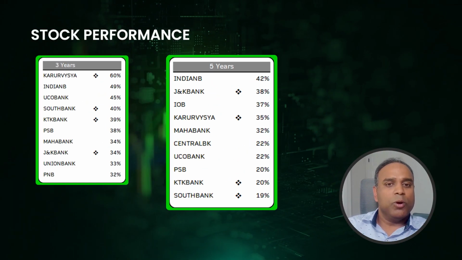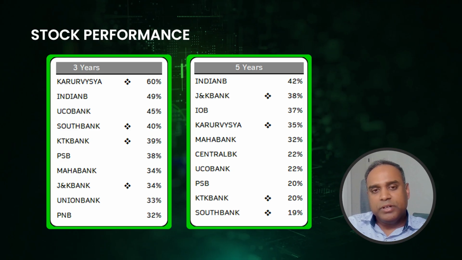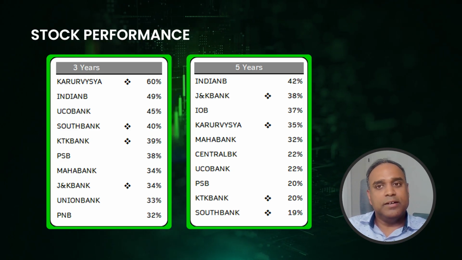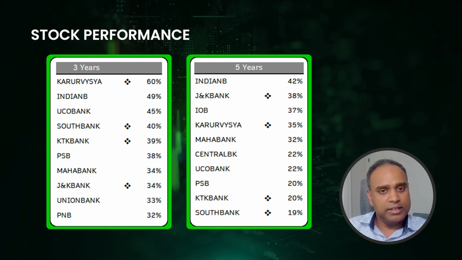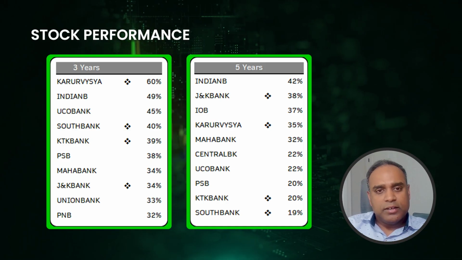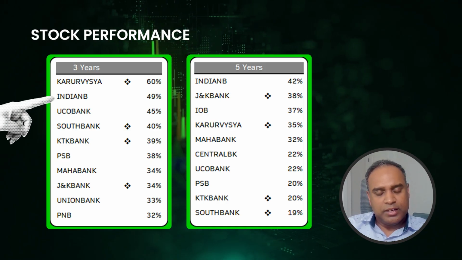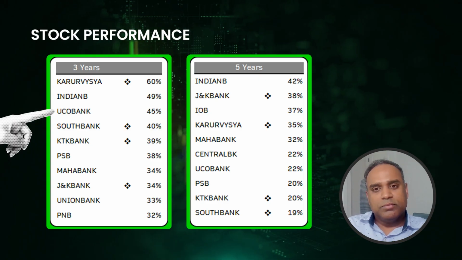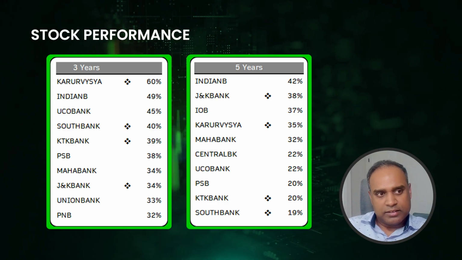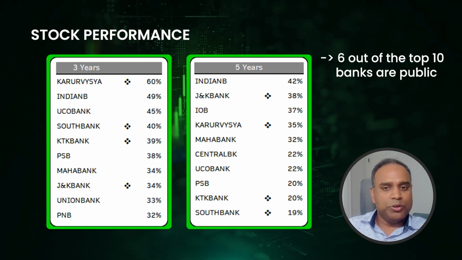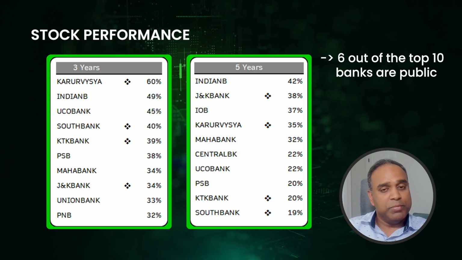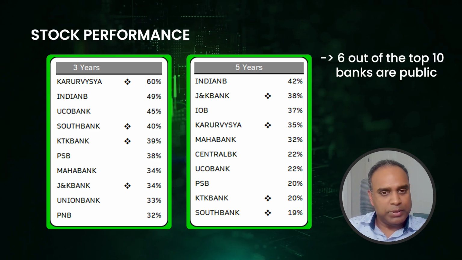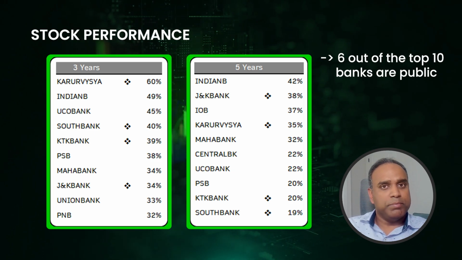So for the medium and long term, if you look at the top 10 stocks in terms of price improvement or increases, now you see in 3 years, Karur Vysya Bank, Indian Bank is second, UCO Bank is third, and so on. Now, if we try to see a broader pattern, public banks, 6 out of the top 10 performing banks in each of these time periods is a public bank.